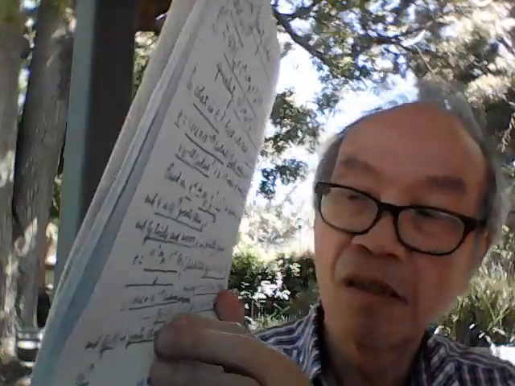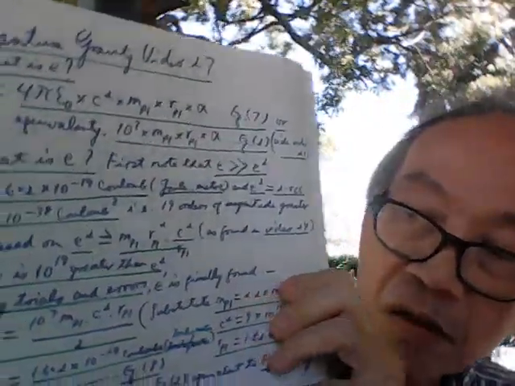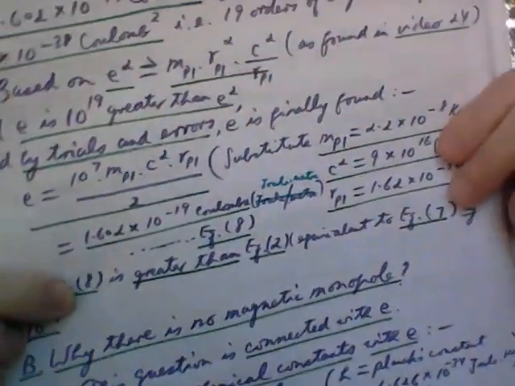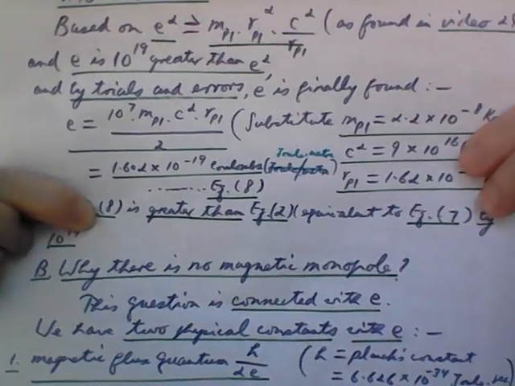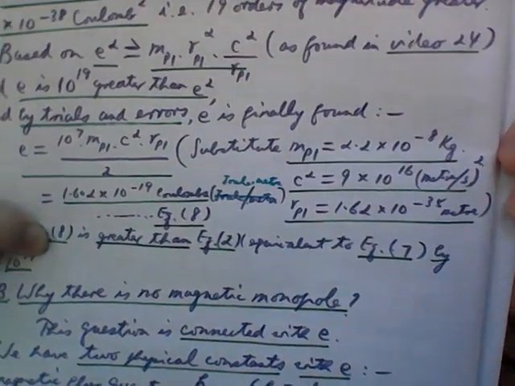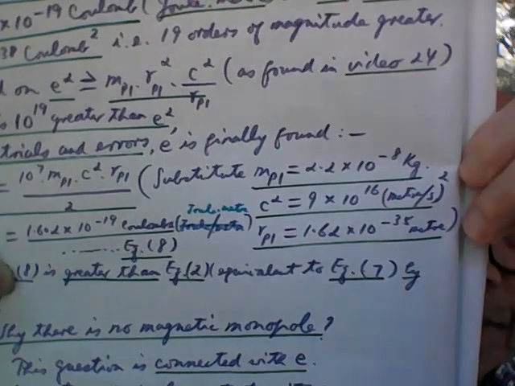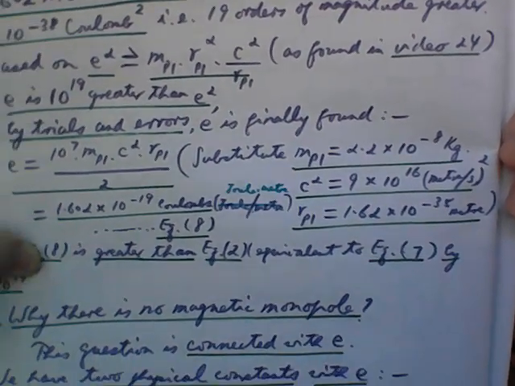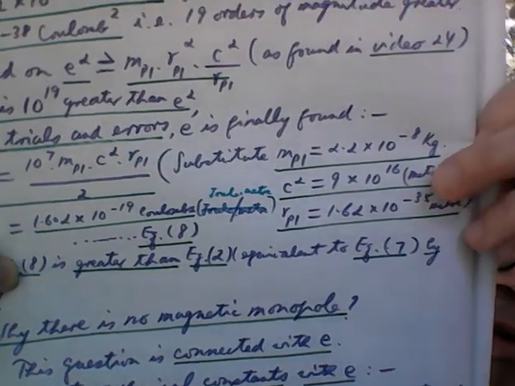And then also the value of this equation, I call it equation x. This equation will be 19 orders of magnitude greater than E squared.